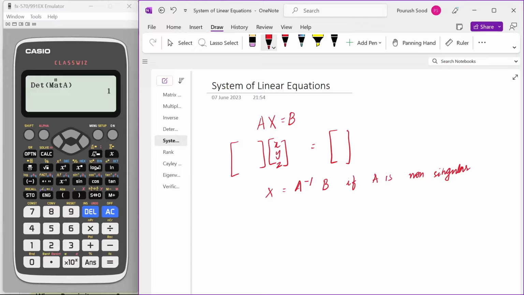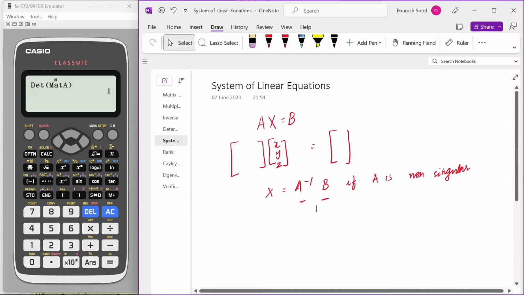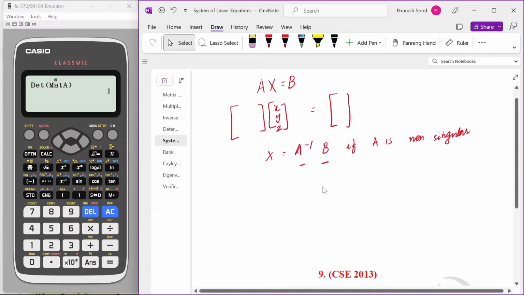So we know A, we know B. Either we can find A inverse and then find A inverse B. I'll give you an example, or we can use a different method which I'll show as well.